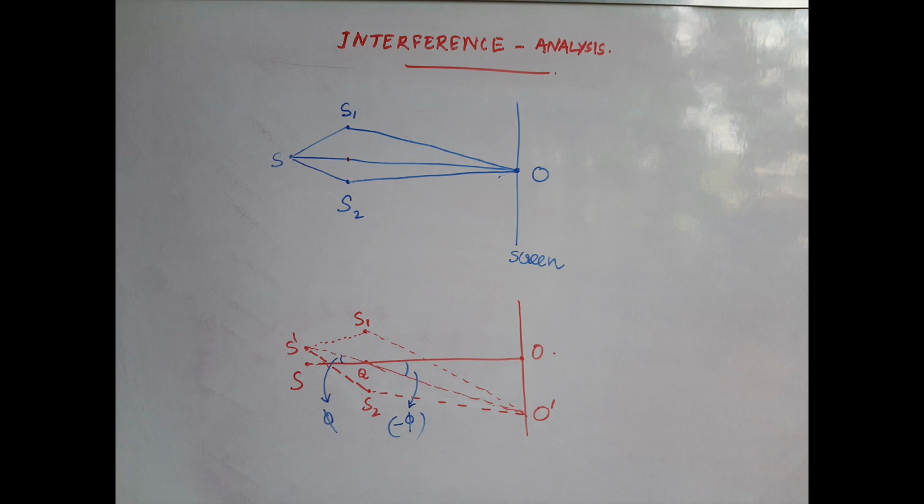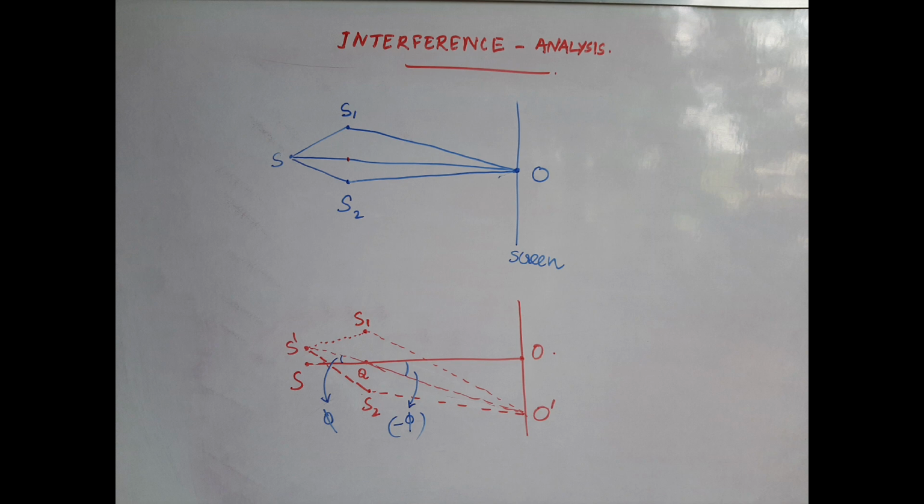But in this case we change the source slightly from its position S, so that S1 S dash and S2 S dash change in length.